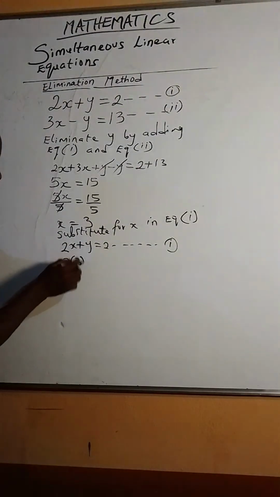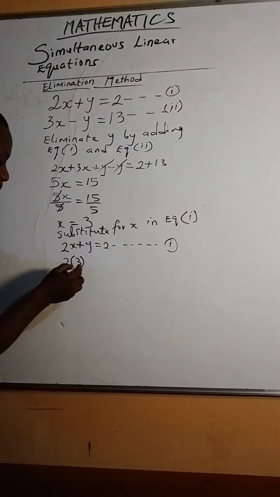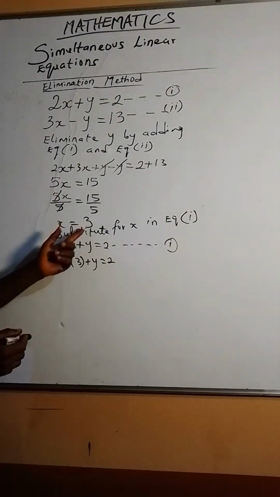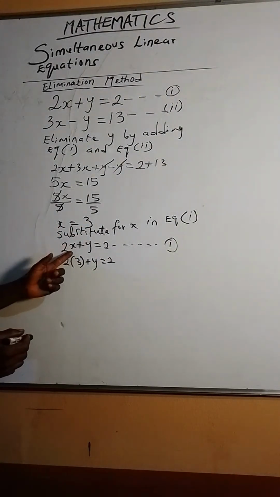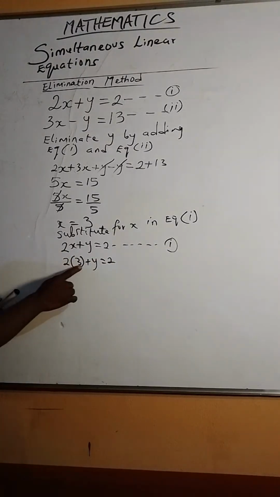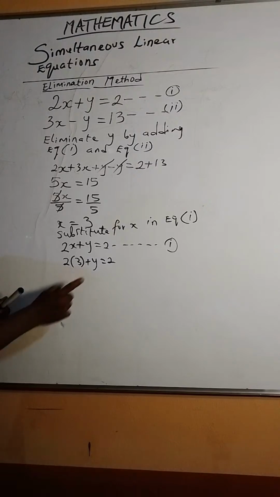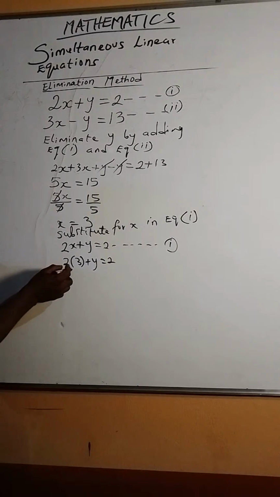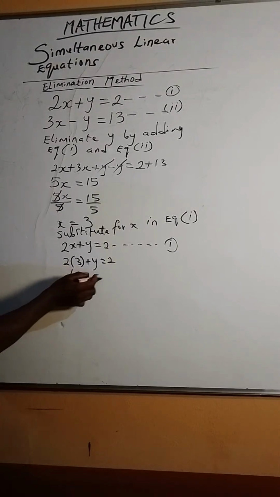So we place 3 here, then plus y equals 2. We have been able to use 3 to replace x in equation 1. All right. So when we multiply this, remember bracket means multiplication. So 2 times 3 is 6. So we write 6 here, plus y, equals 2.